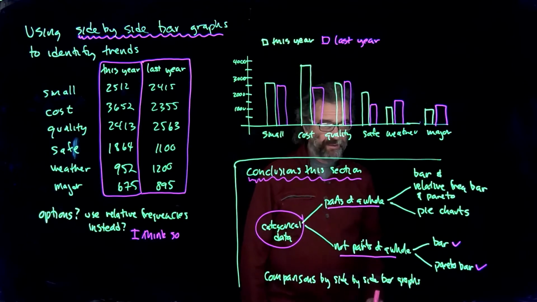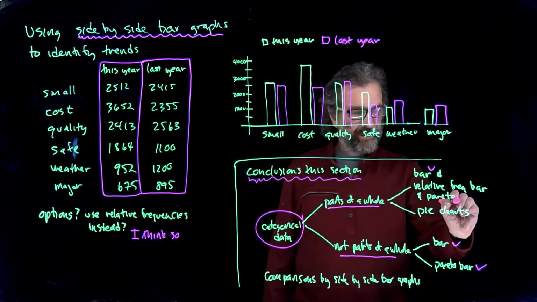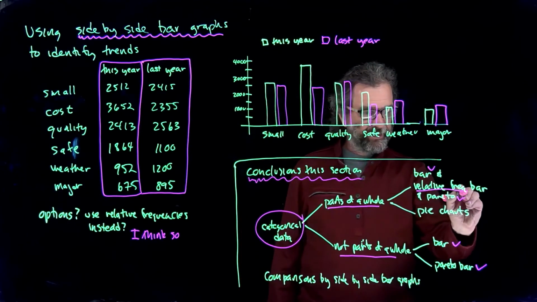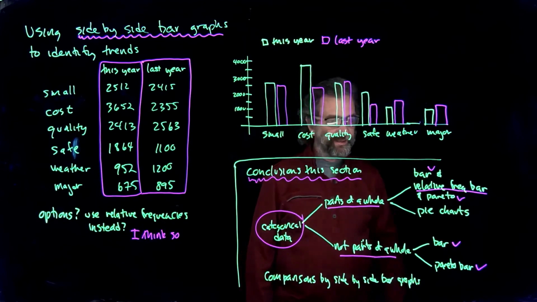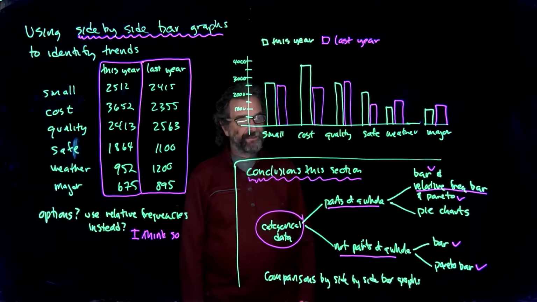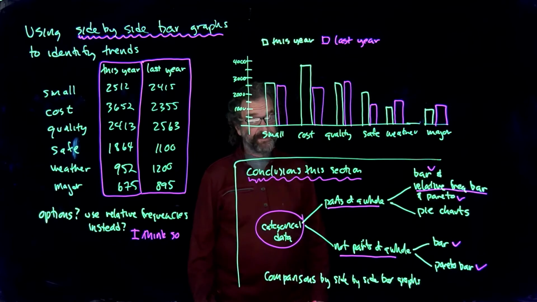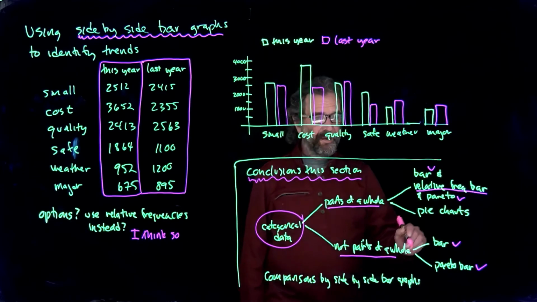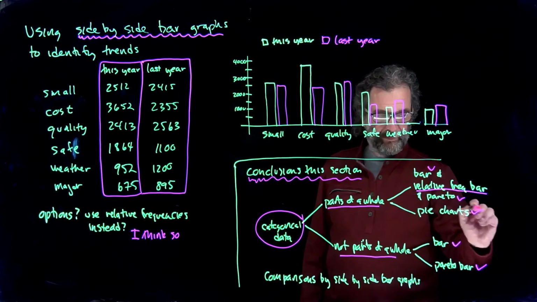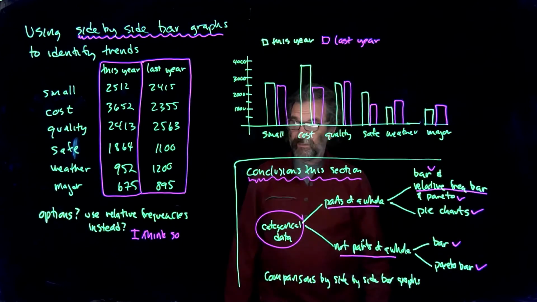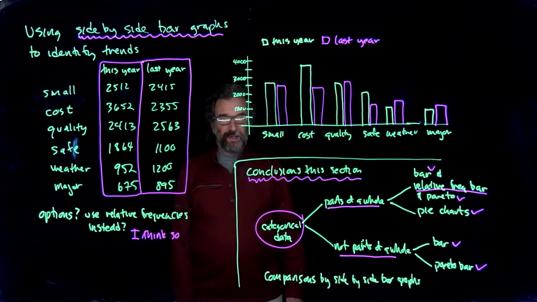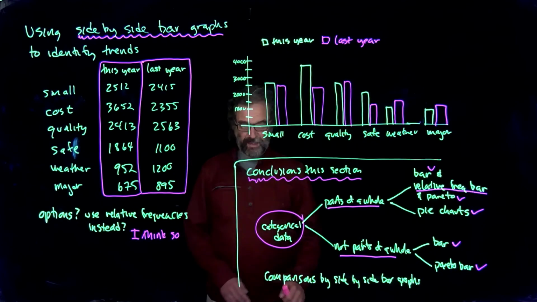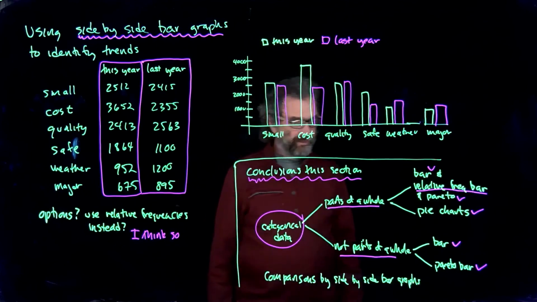If it is parts of a whole, we can do bar graphs and Pareto bar graphs, but then we also have relative frequency bar graphs and relative frequency Pareto graphs, where we put the relative frequency bars in increasing or decreasing order. And we can also use pie charts, but only for parts of a whole. So that should end our discussion of categorical data displays, and we're moving on to the next section.